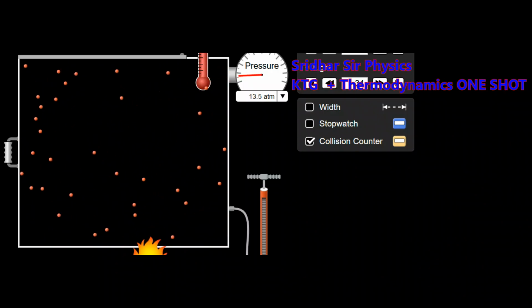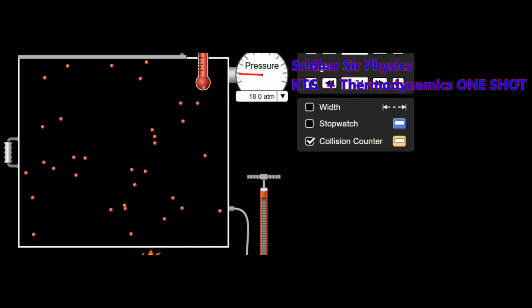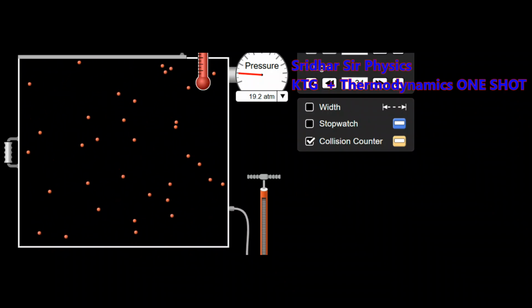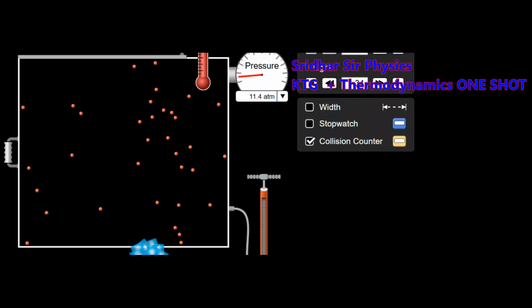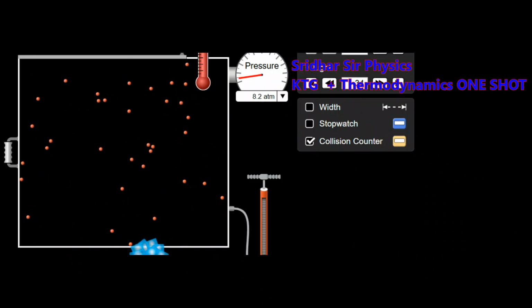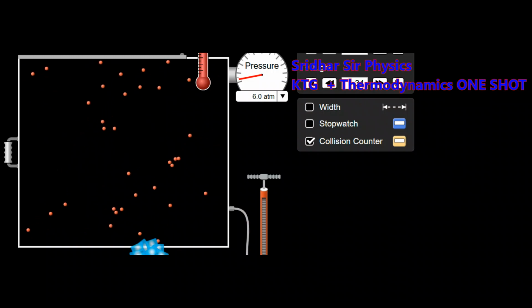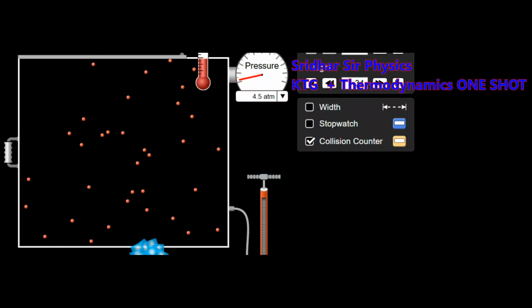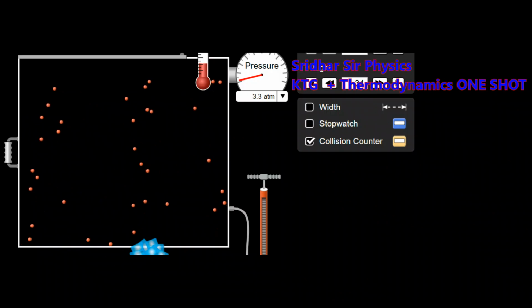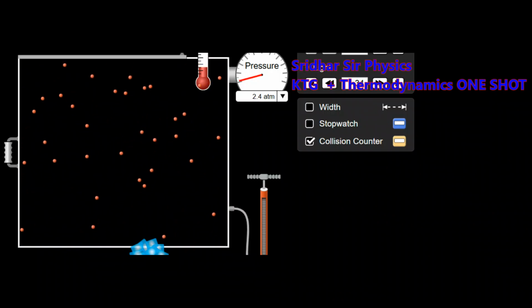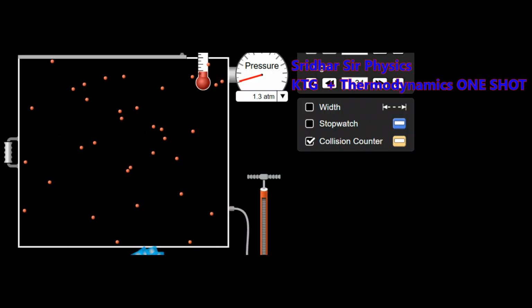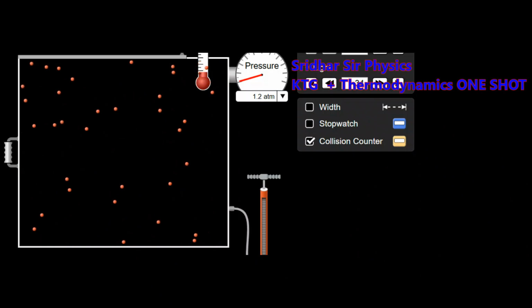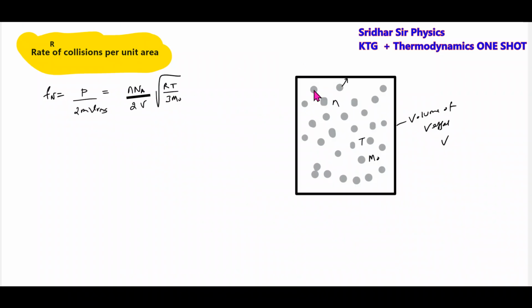Now I'll decrease the temperature, and the number of collisions will decrease. So the rate of collision depends on the amount of gas and also the square root of temperature. That's one basic idea. So this particular formula you have to remember here.